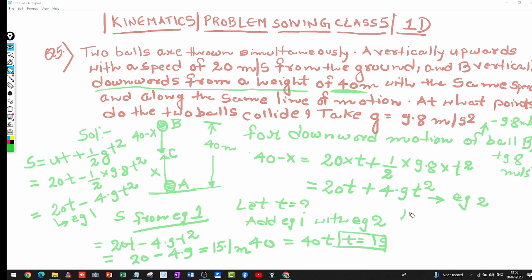Hence, we came to the conclusion that the two balls will collide after 1 second at a height of 15.1 meter from the ground.